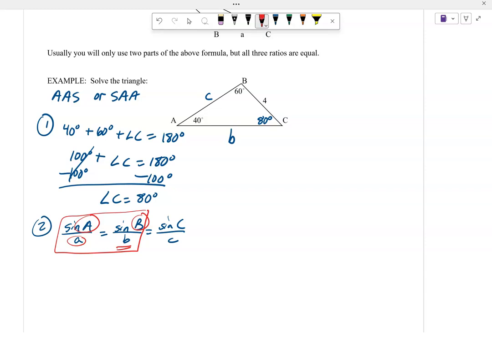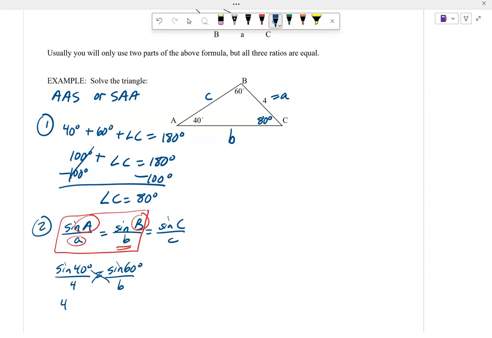Now, I know I have angle C too because I solved for that in step number 1, but I'm going to ignore that for just a second. Let's just go through and solve sine of 40 degrees over lowercase a, which is 4, right? This is lowercase a right there. Equals the sine of 60 degrees over b. And now let's cross multiply.